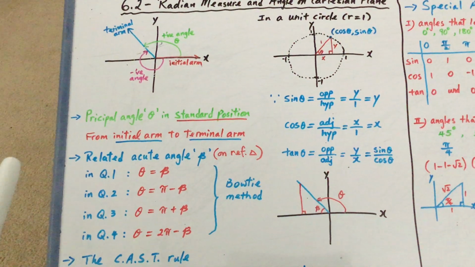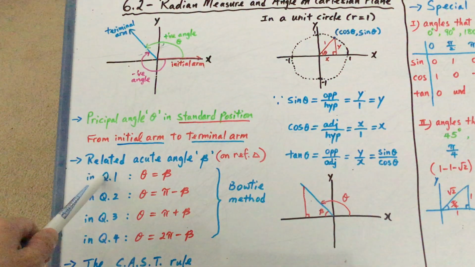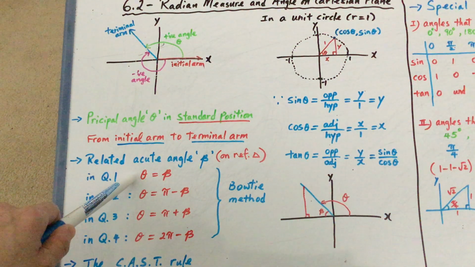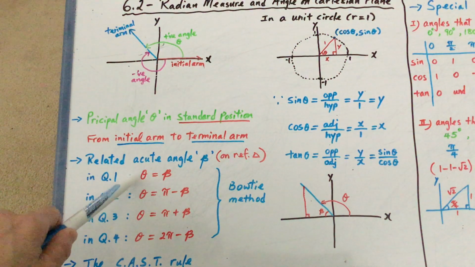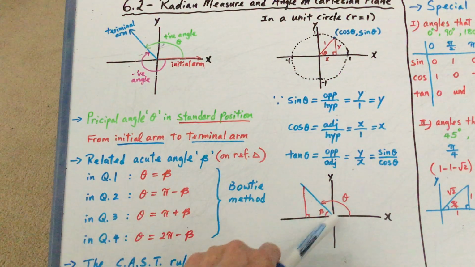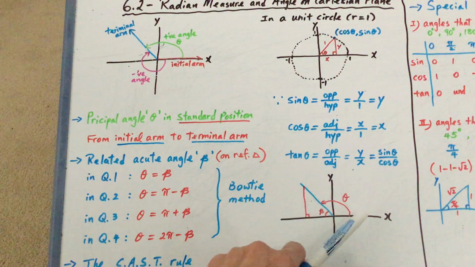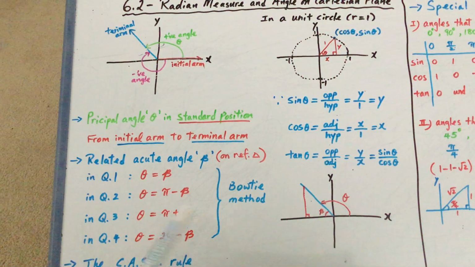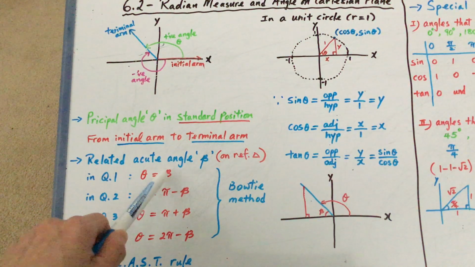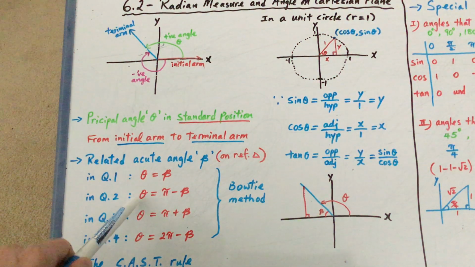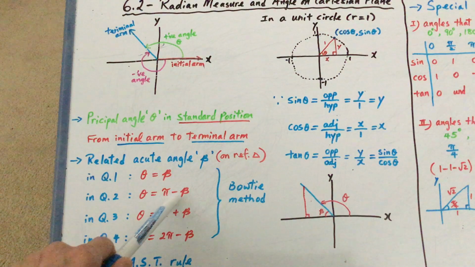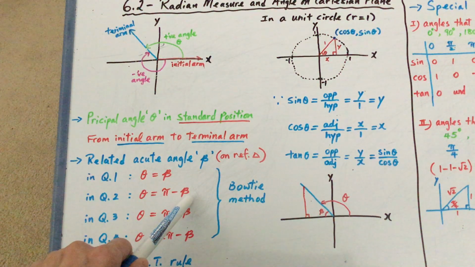Okay? So to calculate the principal angles, there are a couple of things that you hopefully still remember. In quadrant 1, the principal angle is always the same as the related acute angle, because they are sitting in the first quadrant. But in quadrant 2, the principal angle is equal to pi, which is 180, minus the related acute angle.